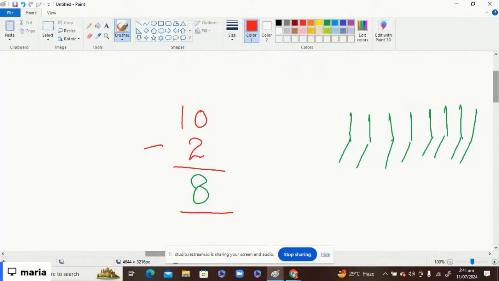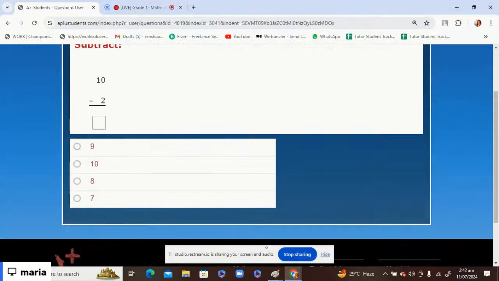Any number that is coming, like 10 minus 2, 10 minus 5, 10 minus 3, we're going to remove that many lines from the total one. So the total here is 10, and we are going to remove 2 from it. So how many are left? There are 8 left when we count, and this is our answer. Okay, so 8.